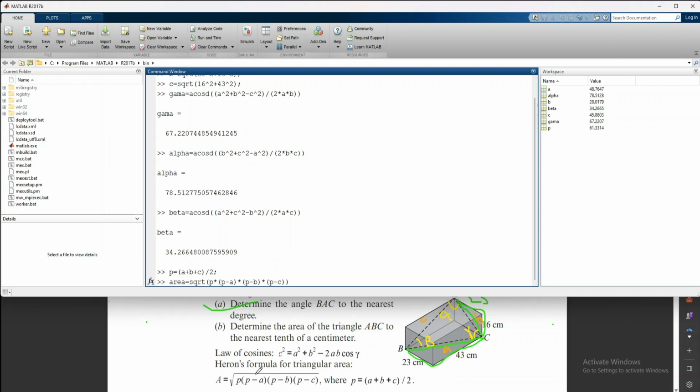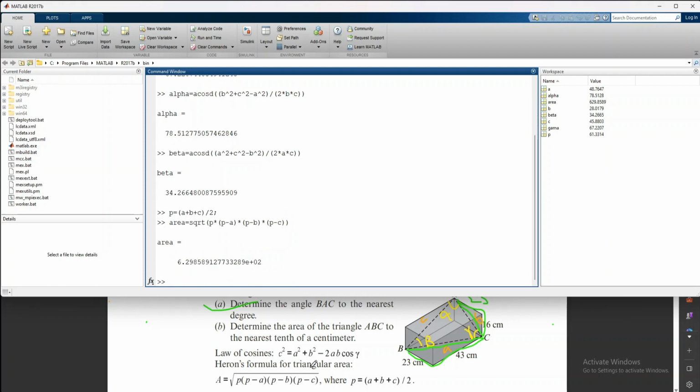Now check, area is equal to the square root of P into P minus a into P minus b into P minus c, and let's see the area of this triangle. The area is showing as 6.29 exponent 2. That means the area is equal to 629 square centimeters.